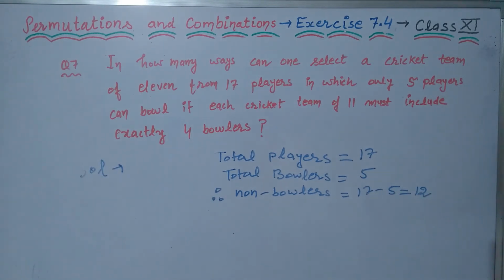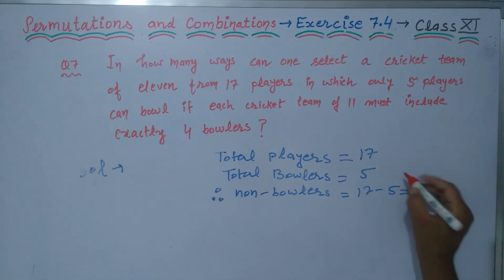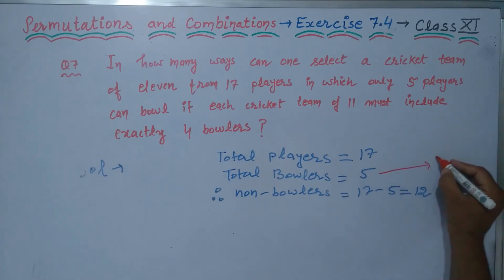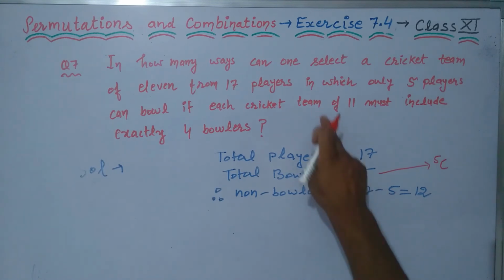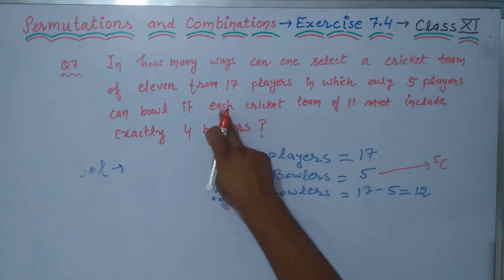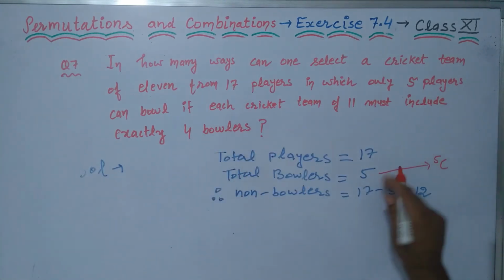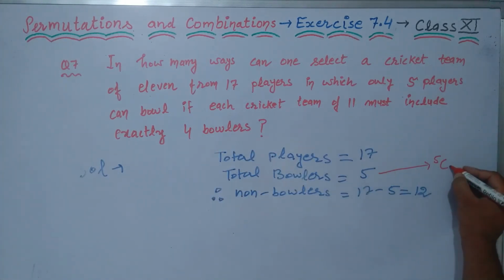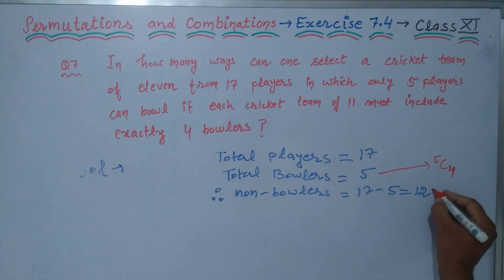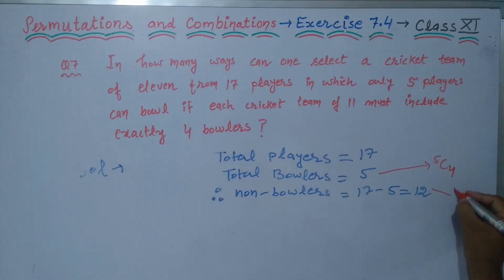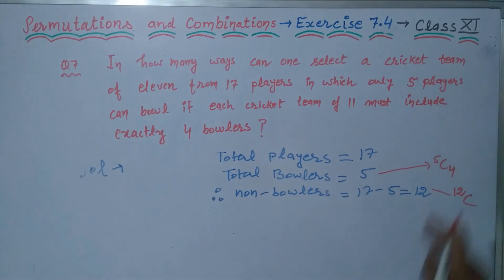Now what we do, from 5 bowlers we are required to select, because each cricket team of 11 must include exactly 4 bowlers. So out of 5 bowlers we have to select 4 bowlers, and out of 12 non bowlers we have to select, as 4 are already selected. Now how many are left? 11 minus 4, right?